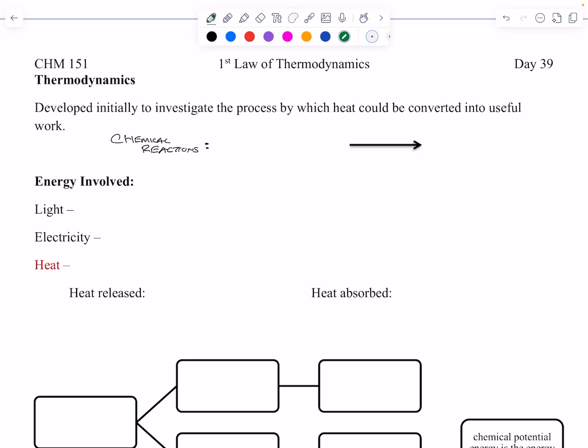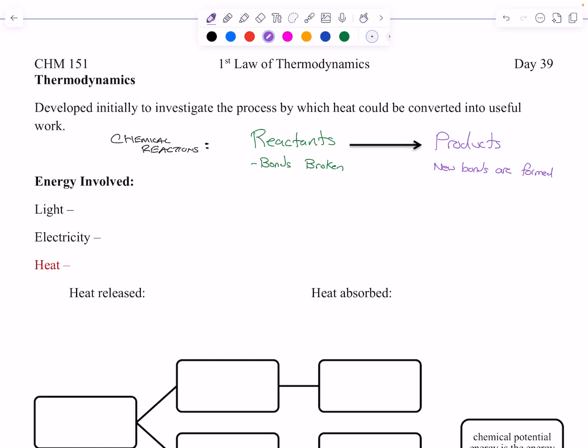And we have reactants react, and products are produced. All right. So, what's going on here? Reactants, bonds are broken, and products, new bonds are formed. All right.